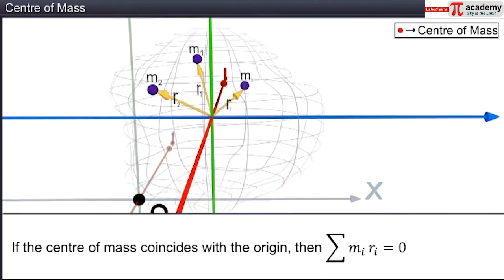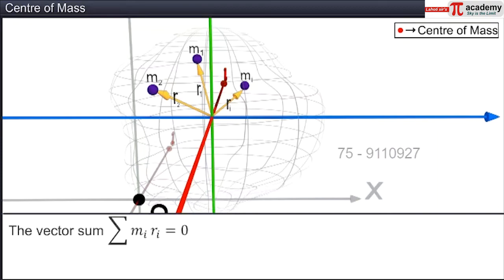If we take the center of mass as the origin of our frame of reference, then sigma mi ri is equal to 0. Here, the sum is a vector addition.